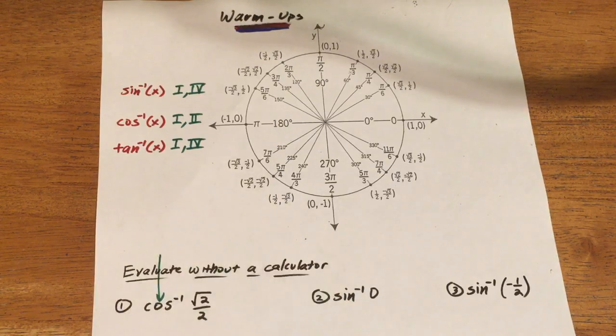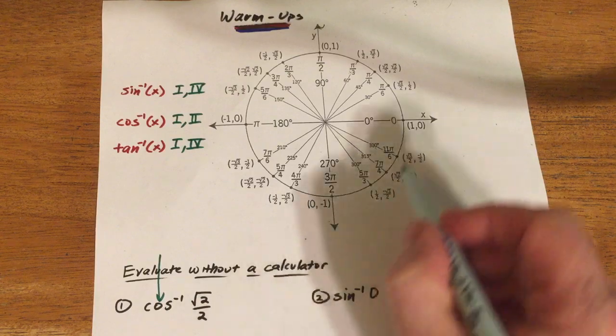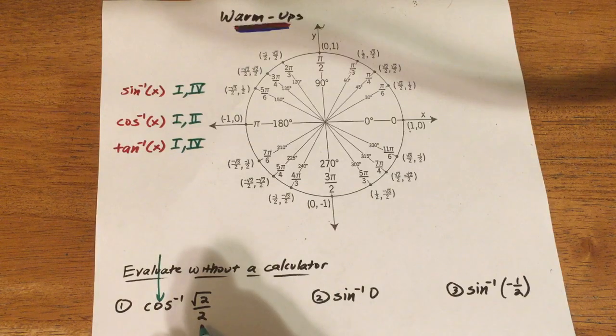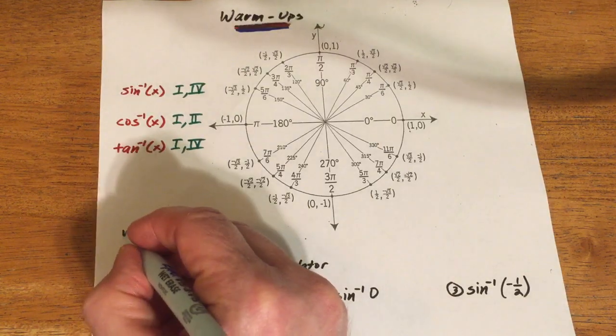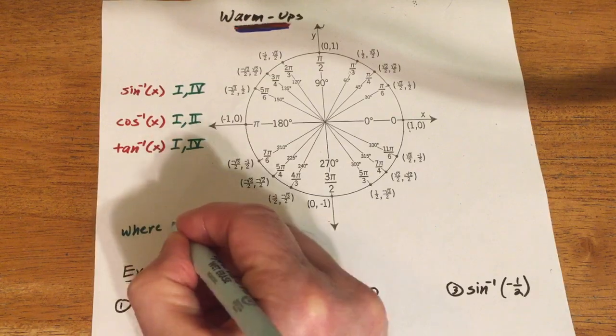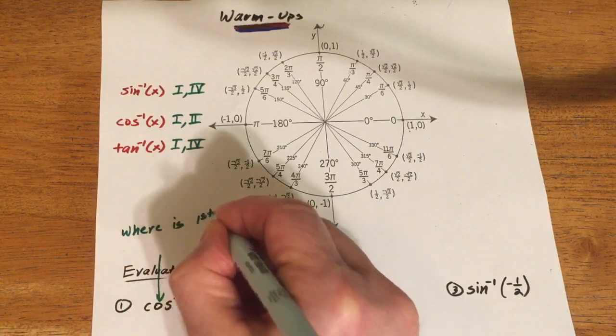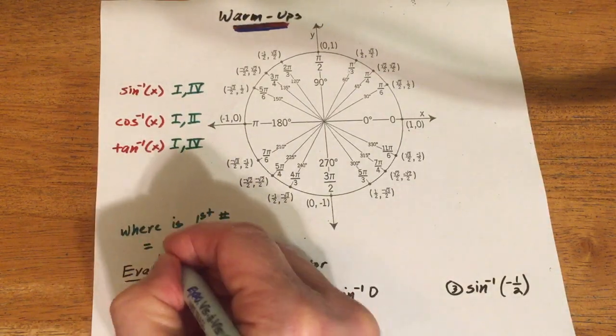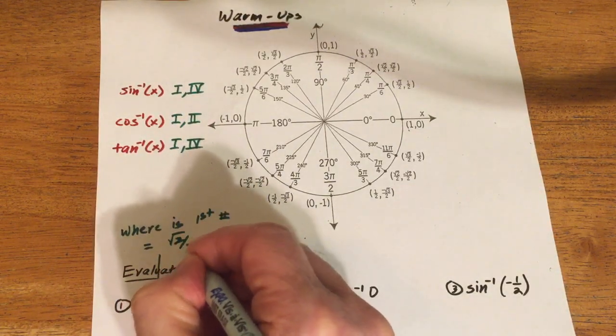And because it's cosine, and cosine is our first number in each pair, we're going to find where the first number is square root of 2 over 2. So, this asks us where is the first number inside the parentheses equal to square root of 2 over 2.